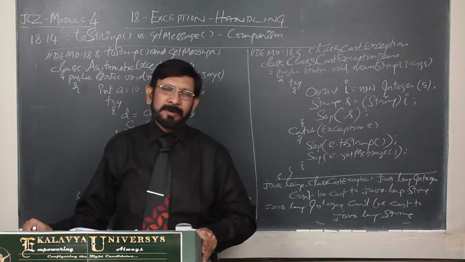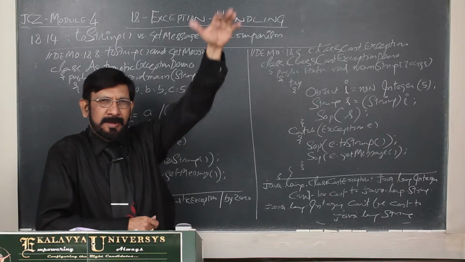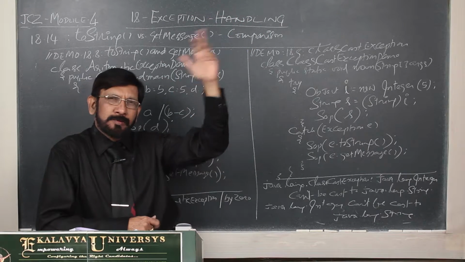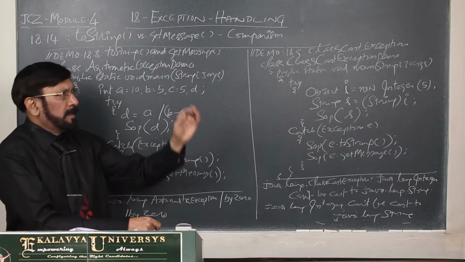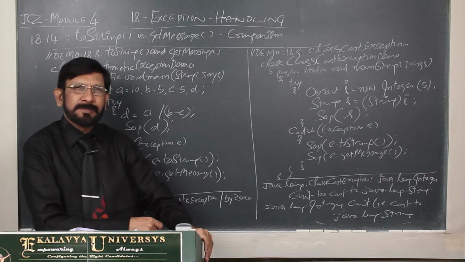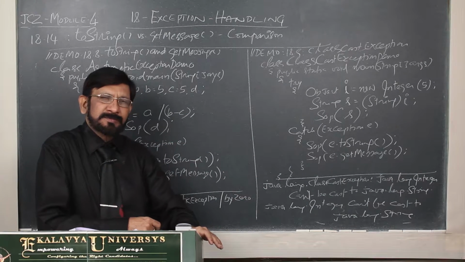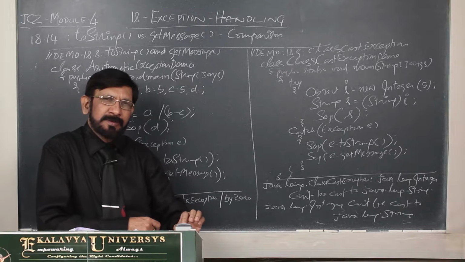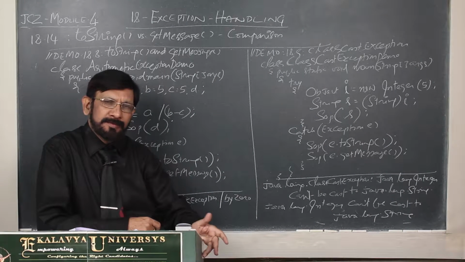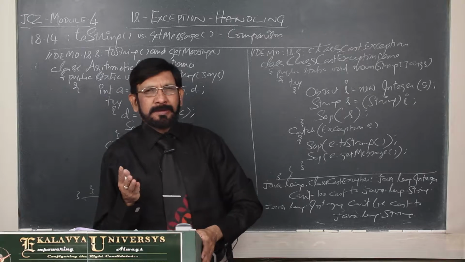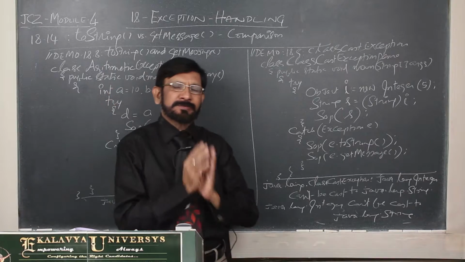What is the status of the Object class? It is at the top, the root of the hierarchy. That's why every Java class, whether a standard library class or a user defined class, inherits the toString method, and if they want, they can override it according to their requirement for the same purpose.